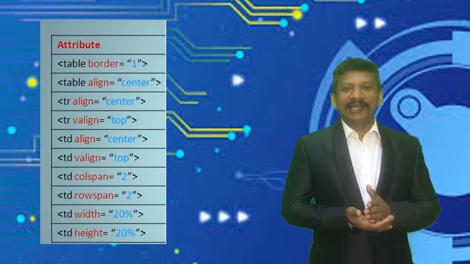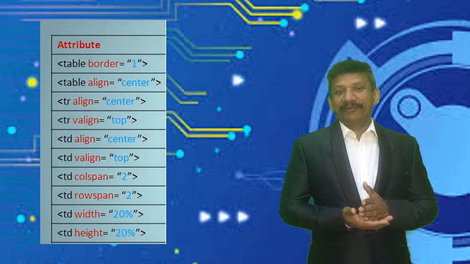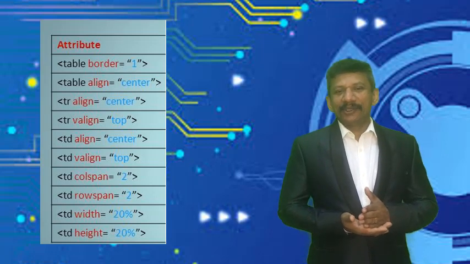Maybe they are used in the TDs or TRs. And in the tag for body, you must have used background, bgcolor. So all these things are attributes.